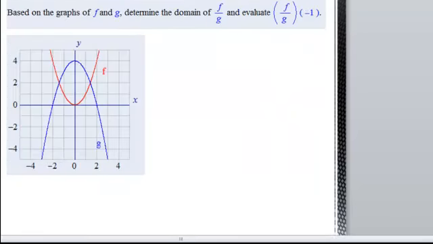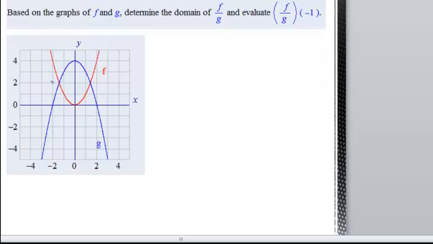Based on the graphs of f and g, determine the domain of f divided by g and evaluate f divided by g of negative 1. Okay, so remember that we need to look at what the functions f and g have in common, what their domains have in common.